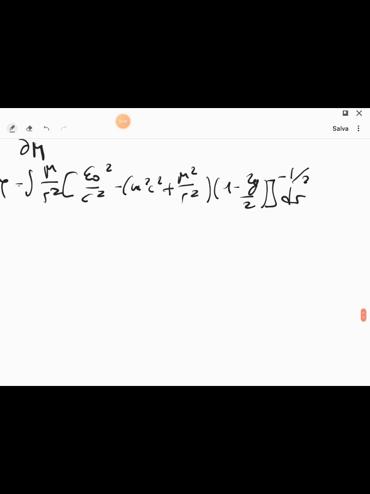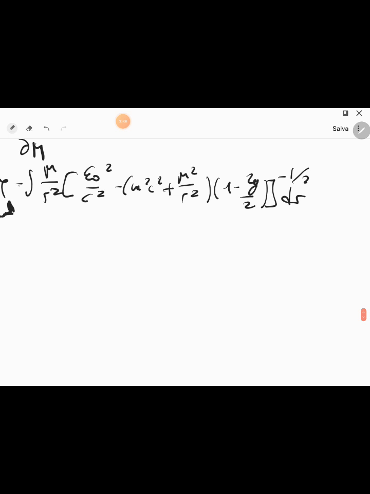Okay. Anyway, this is the equation to find the path of this particle with mass m, energy zero, and so on. Phi.